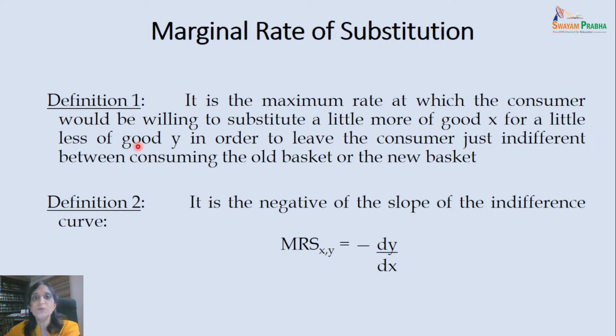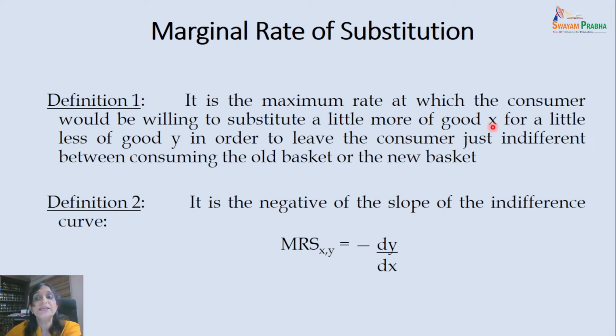So you are buying more of X, but for taking more of X, you are giving up some amount of Y. The rate at which you are taking more of X by giving away some of Y, that ratio is called your marginal rate of substitution. Why are we asking him to give up some of Y in order to get more of X? What can be the reason? Because we have to keep the consumer consuming the old basket so that he is just indifferent.